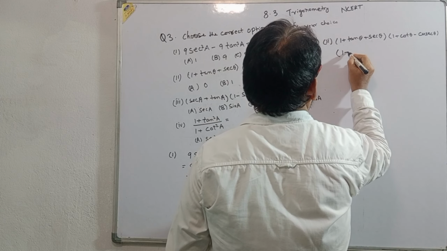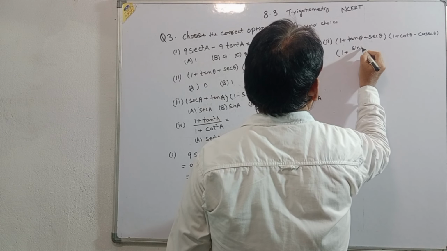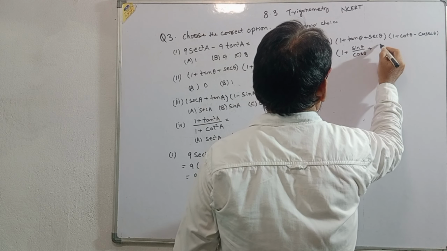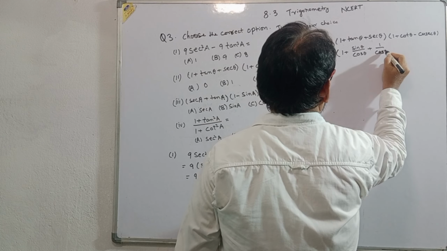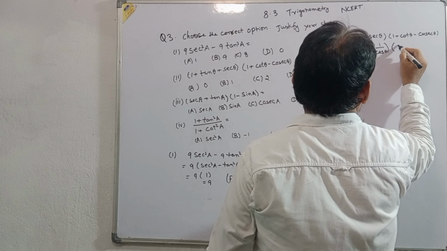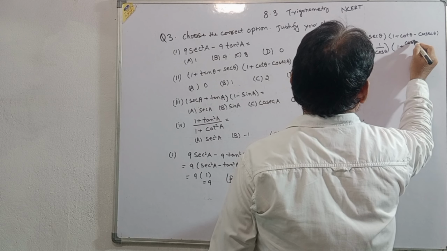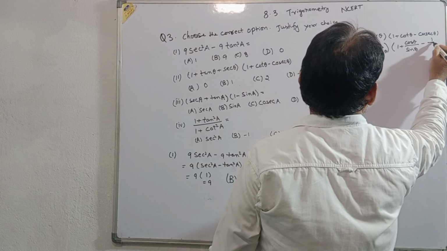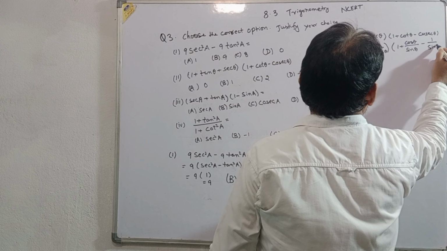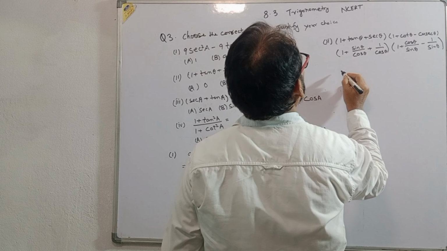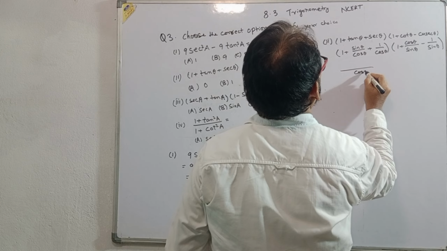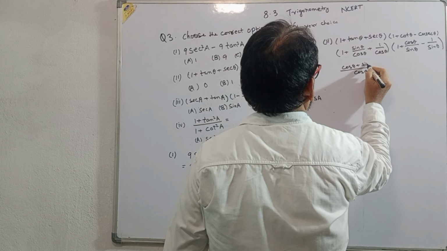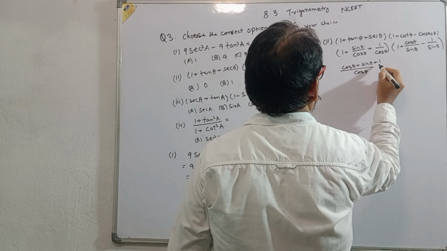Now sin theta divided by cos theta plus 1 by cos theta, plus 1, over cos theta by sin theta minus 1 by sin theta plus 1. Here LCM cos theta: cos theta plus sin theta plus 1.